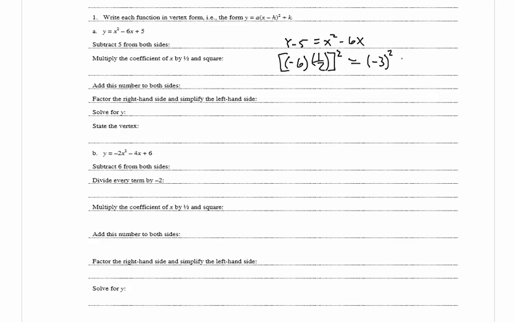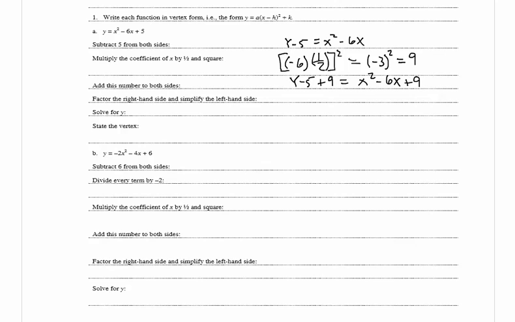And now we want to square it, and that's equal to 9. And now we want to add this number to both sides of our equation. So we're going to add 9 to both sides. So we have y minus 5 plus 9 is equal to x squared minus 6x plus 9.